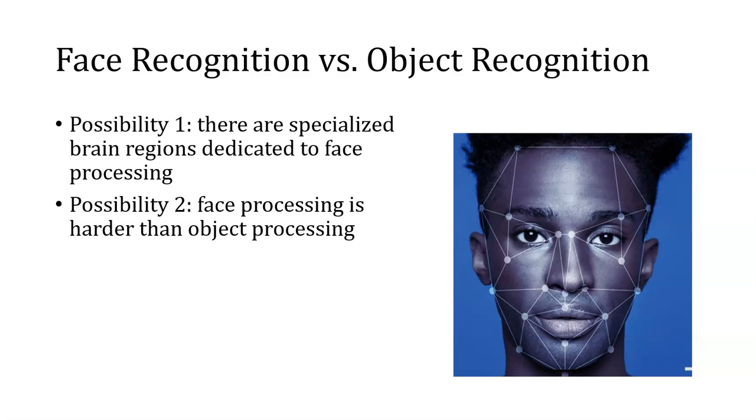The second possibility is that face processing is a lot harder than object processing. So in this case, overlapping brain regions may be dedicated to both face and object processing, but perhaps face processing recruits more brain networks. So how can we figure out which explanation is accurate?